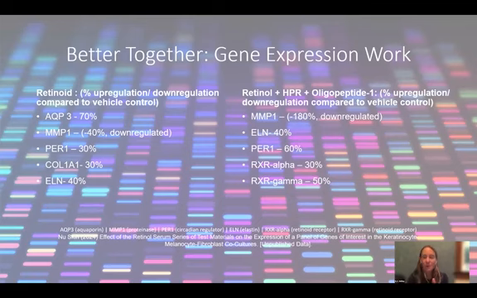When we look at the combination, though, what we find is that the MMP1 gene we were talking about was downregulated by 180% in this combination. Your elastin gene was still upregulated, so you get that increase for elastin at 40%. Your PER1 gene, the gene that works with your circadian rhythm, was upregulated 60% in this combination.